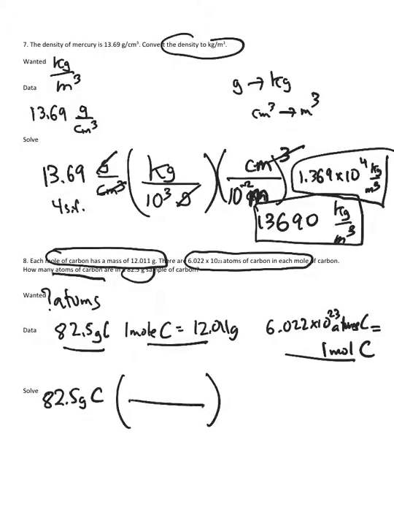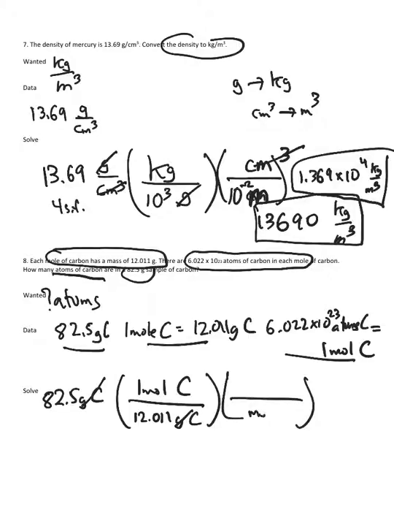We want to use our conversion factors. We want to cancel out grams of carbon. So 12.011 grams of carbon is the same as 1 mole of carbon. So now grams carbon cancels.